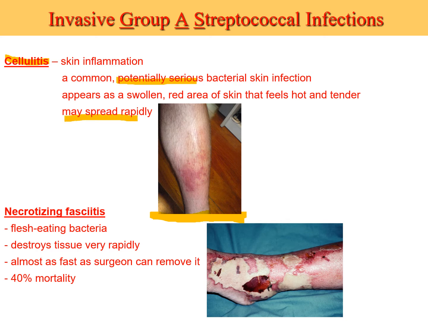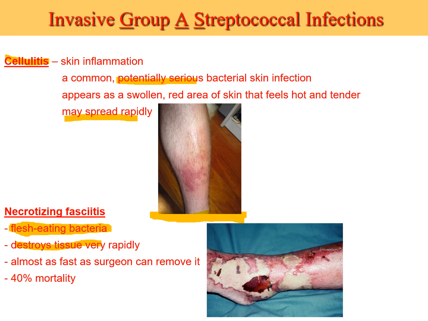Necrotizing fasciitis, on the other hand, the common name for this kind of infection associated with streptococcus is flesh-eating disease or flesh-eating bacteria. That's not a good sign when something is called flesh-eating disease. It destroys tissue very rapidly, and it says here almost as fast as a surgeon can remove it.